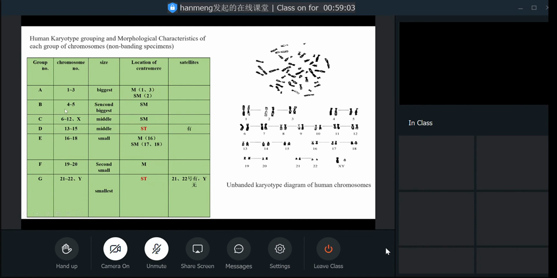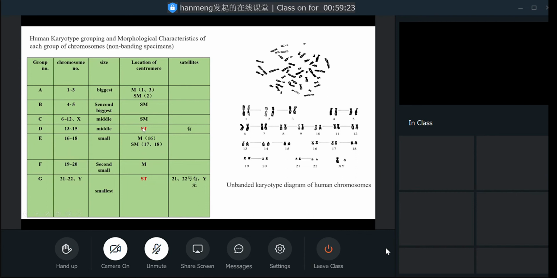The B group contains chromosomes 4 and 5, and the C group contains chromosomes 6 to 12 and X. Then the D group has chromosomes 13, 14, and 15.